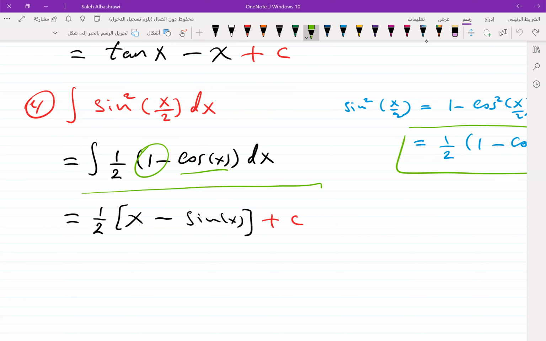So this is the integration of sine squared x over 2.